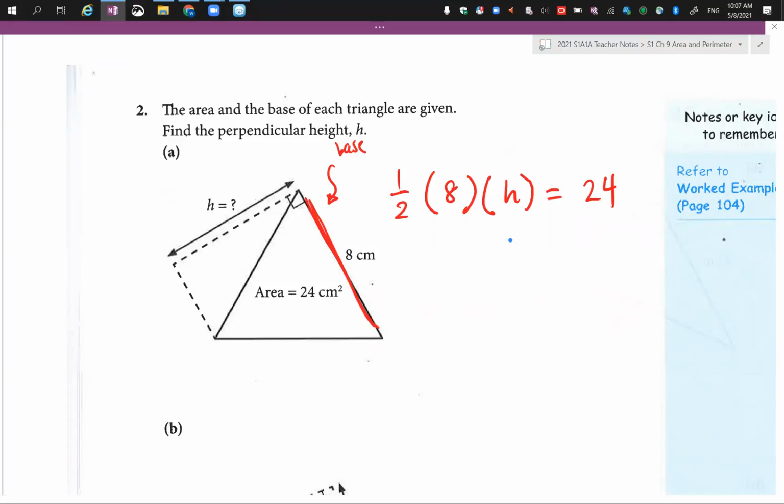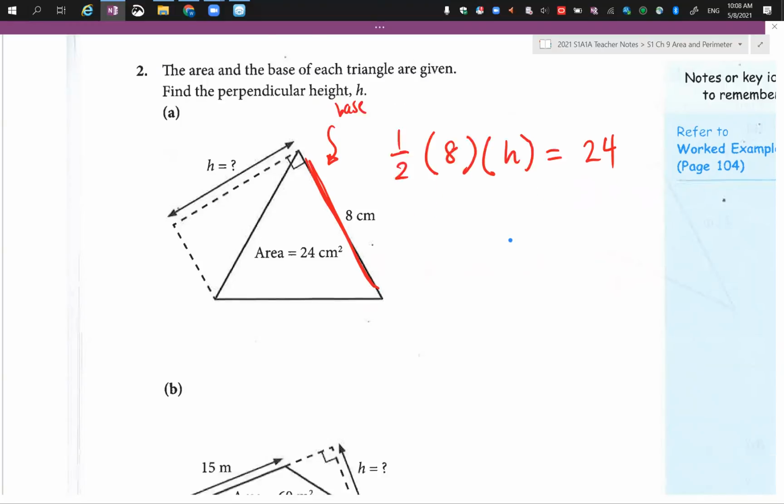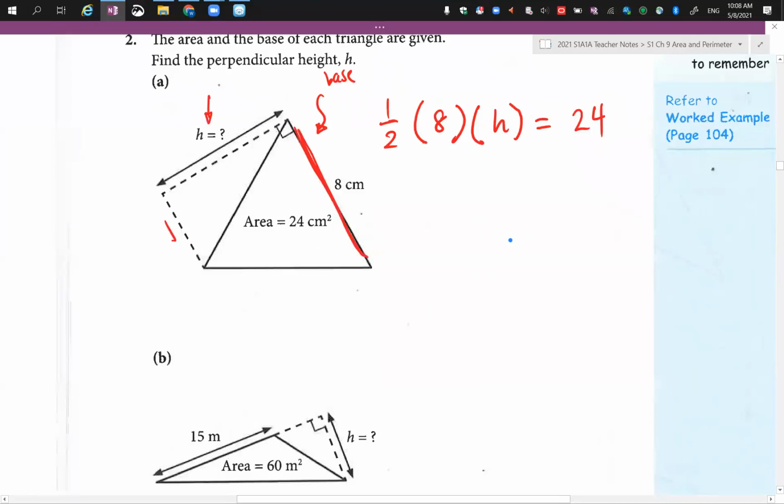Thank you. Can pass to Wei Xin already. Thanks, Wei Xin. So this is our equation for the area. Half times the base times the perpendicular height. So then what is the value of h? We can do this portion first. What is 8 times half?